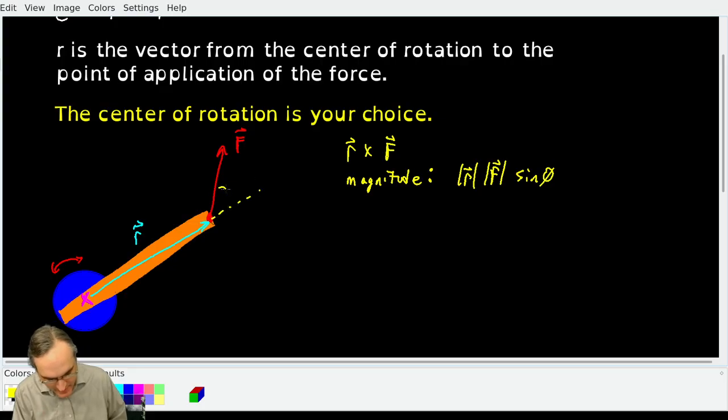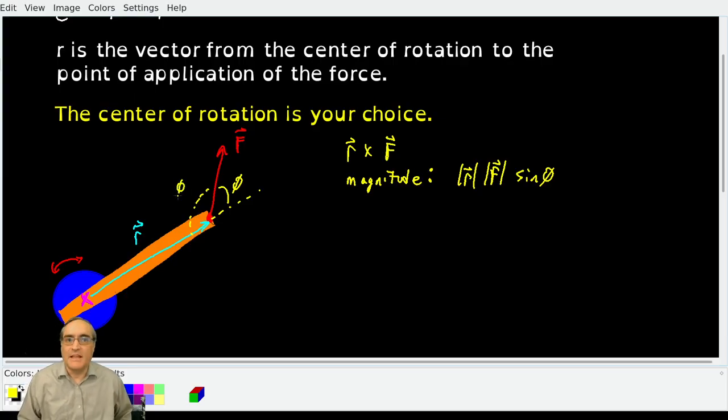Angle phi is technically this outside angle, although if you know anything about supplements and complements and how they behave with the sine function, you also realize that this is basically going to give you the same answer, the inside or the outside. I'm going to back that out because I don't want to talk about that too much at the moment. All right, so r cross F gives you the magnitude.